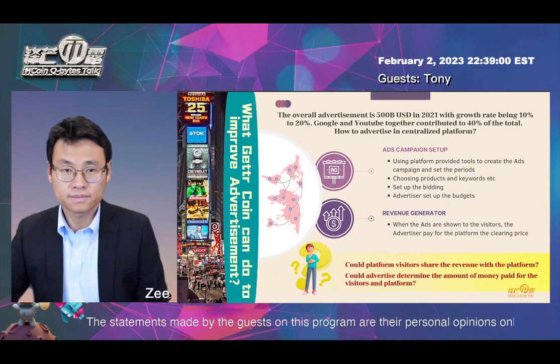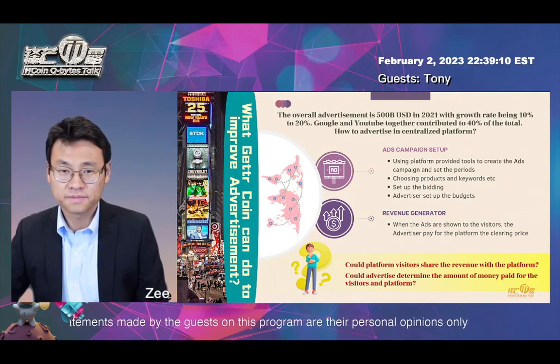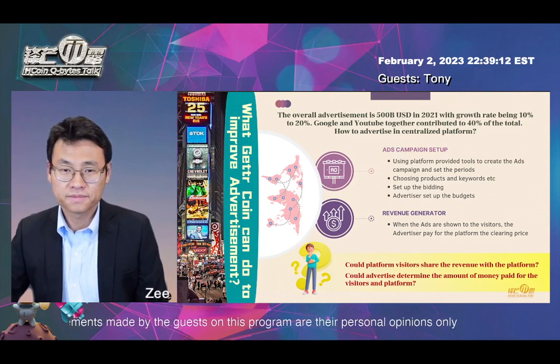But Gettr is really pioneering a new kind of model of freedom of speech and financial system altogether, and also with HPay. People can really truthfully express their political opinions on everything.